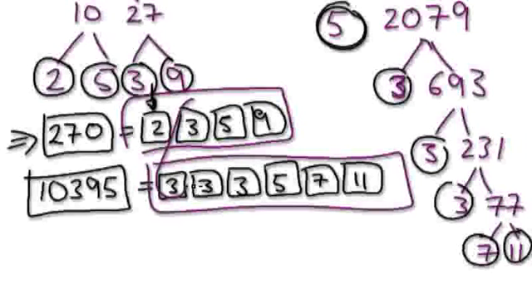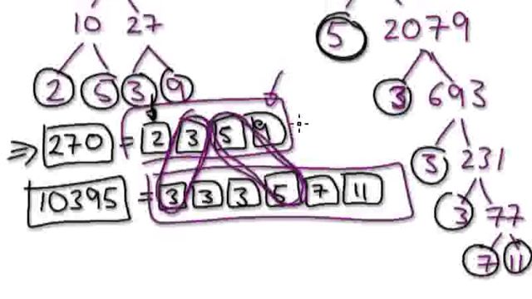That's one block that's in common. The 5 is in common here because 5 is in top and bottom. You've got a 9 at the top, but you don't have a 9 at the bottom. And you've got a 7 at the bottom, but you don't have a 7 at the top. And again, 11 is at the bottom, but not on the top.